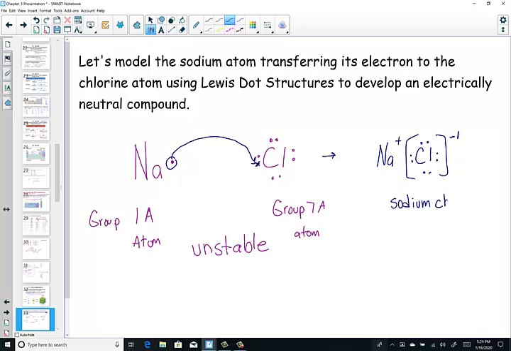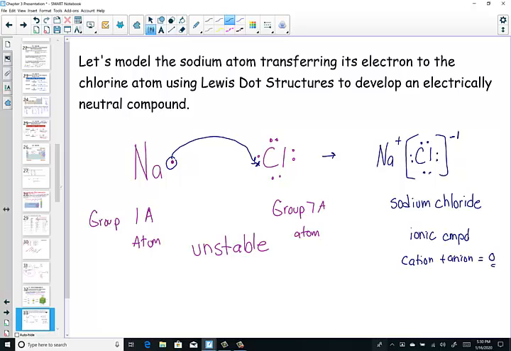Say the name of the negative, but change chlorine to chloride, and we've written our first ionic compound. An ionic compound is composed of a metal ion, which we know is positive, plus a nonmetal ion, which we know is negative. Cation and anion, and the total charge must equal 0.